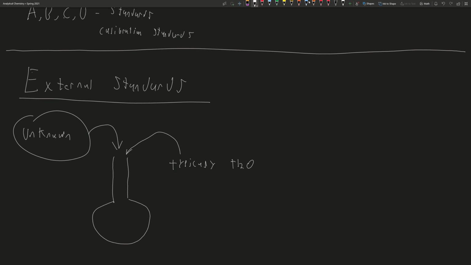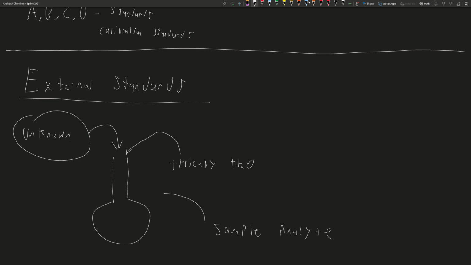And this whole thing right here is known as our sample. The sample contains our analyte that we want to quantitate.